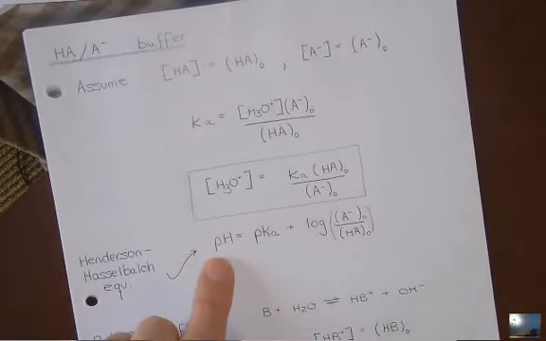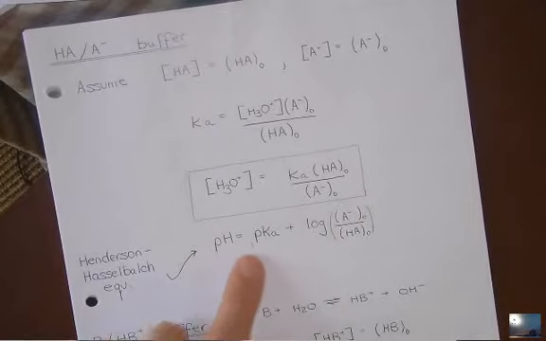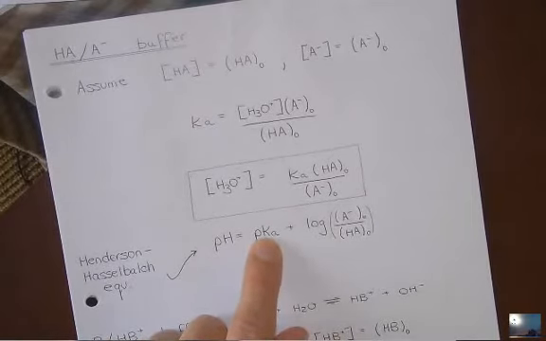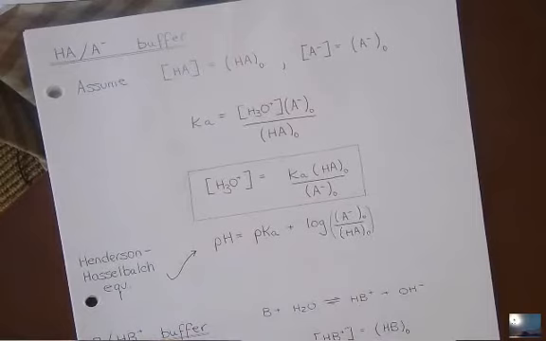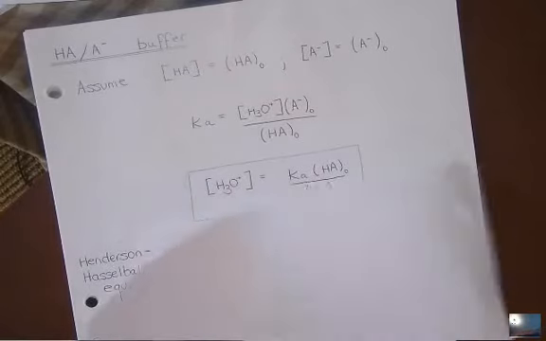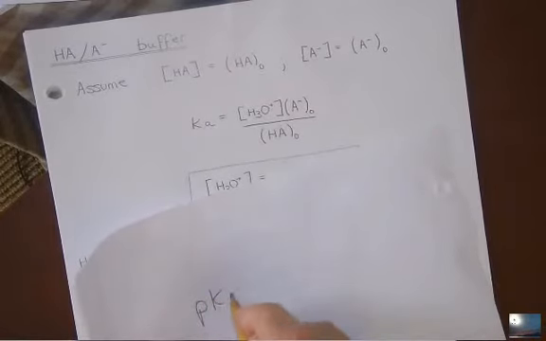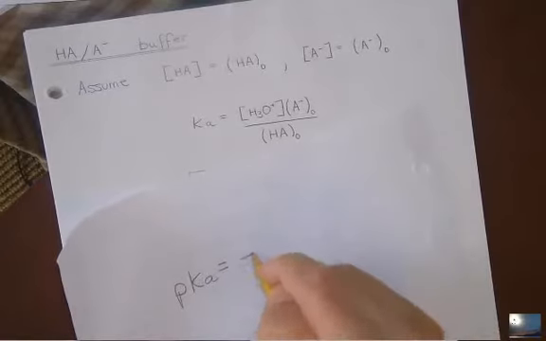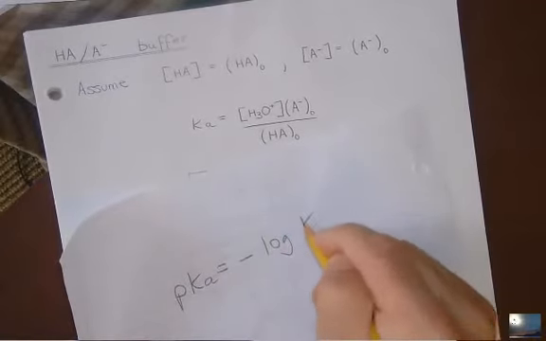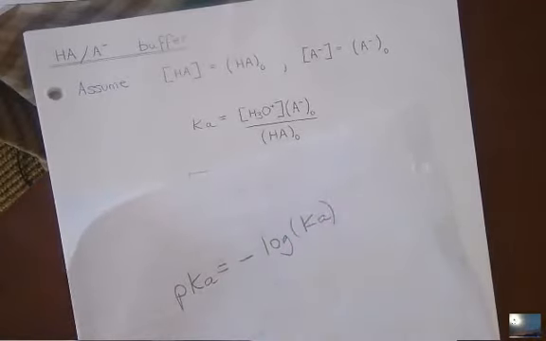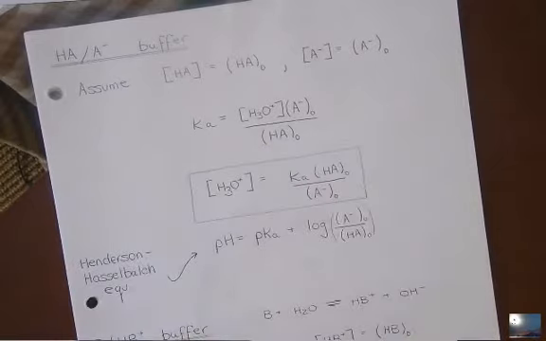If you want to know the pH of a buffered solution, you take the pKa of whatever the acid is that's involved. So how do you get the pKa? You take minus the log of the Ka. The P of anything is minus the log of that thing. So pKa is equal to minus the log of Ka. We can do our acetic acid one in a second.